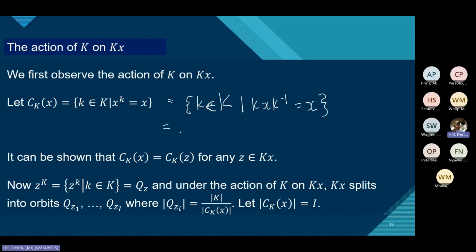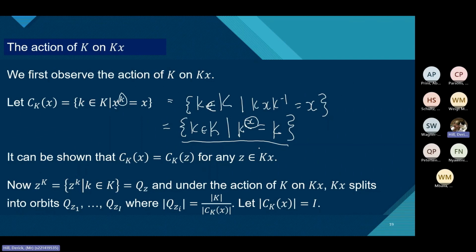And if we change that up a bit, we get that this is the same as the set of k, an element of K, where kx equals xk. So this is the same as the stabilizer of x in K. Basically, we are acting this x now on the k, whereas here we acted the k on the x. This equivalence is going to come in handy when we actually do the work.